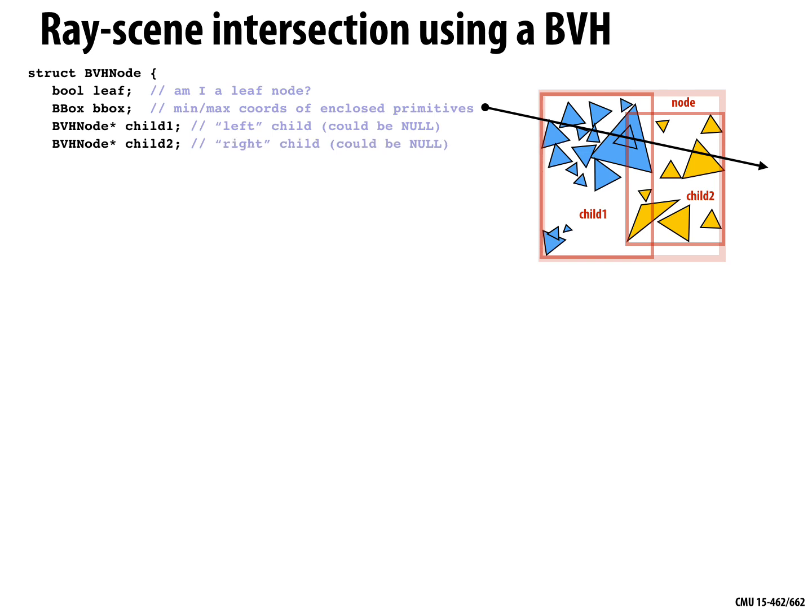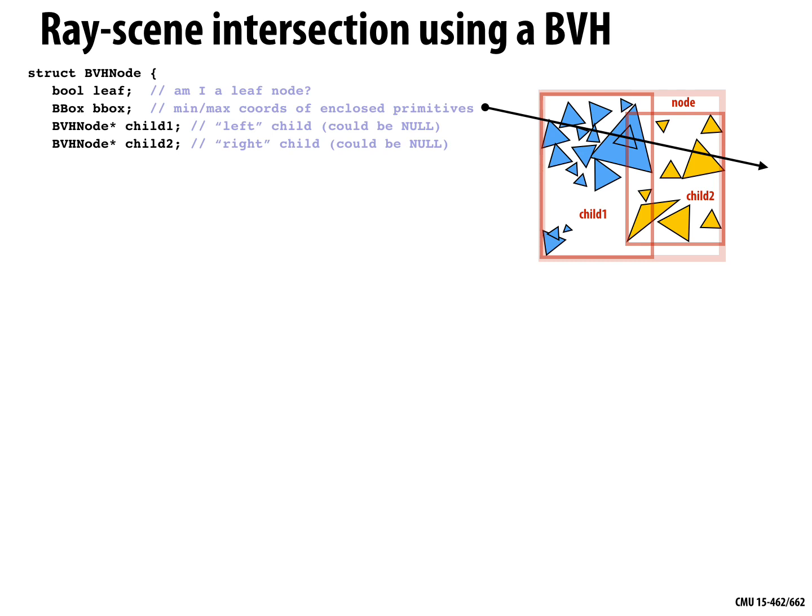And then we have two pointers to other BVH nodes that point to the left child and the right child. And of course, this tree doesn't go on forever, so these pointers could be null. In particular, they're going to be null when the leaf variable is true, when this is a leaf node.